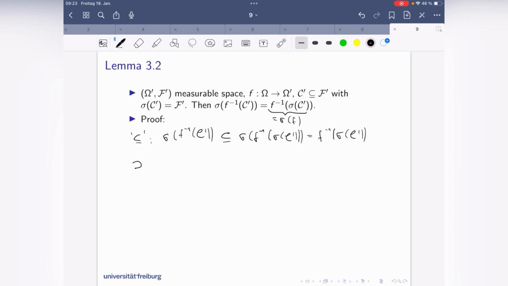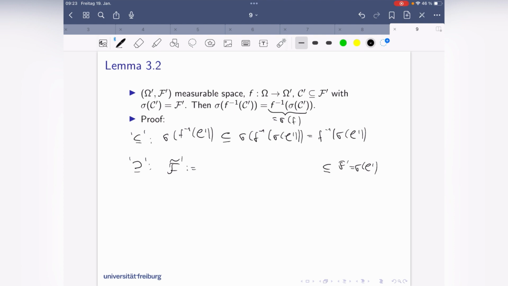The other direction, I need to define something. F prime tilde, I will call this, which will be in general a subset of my F', which is sigma of C'.